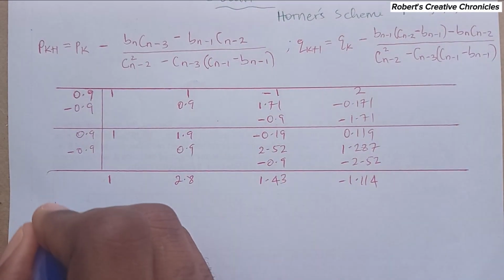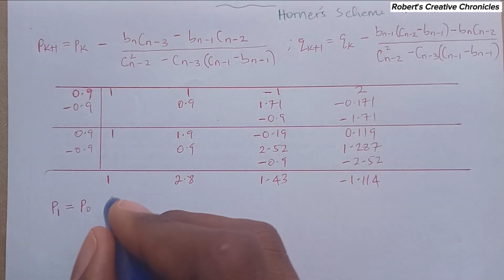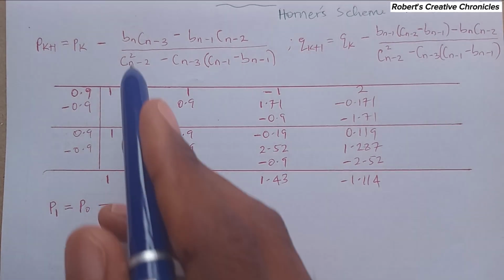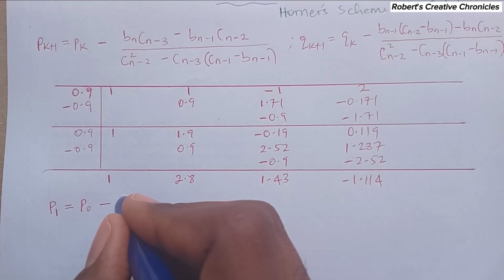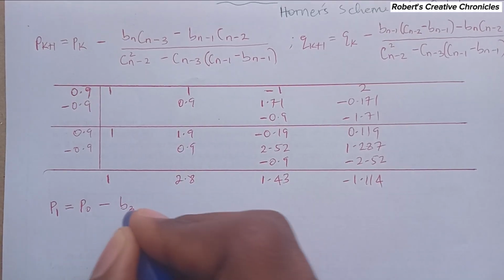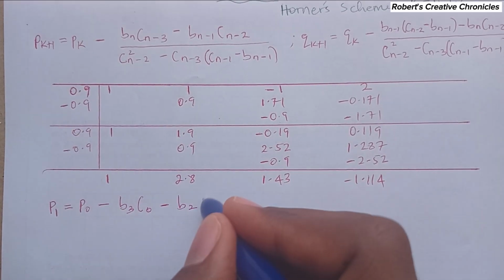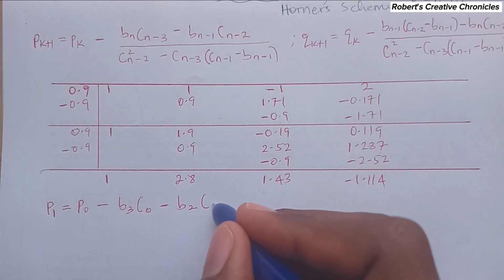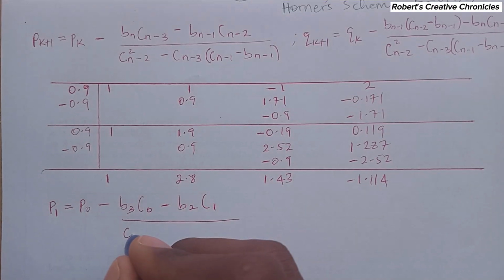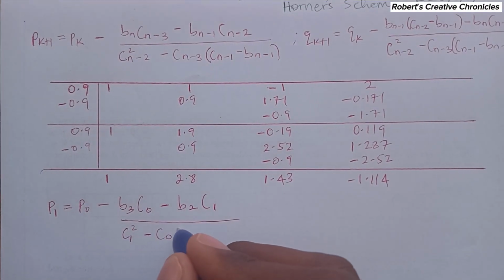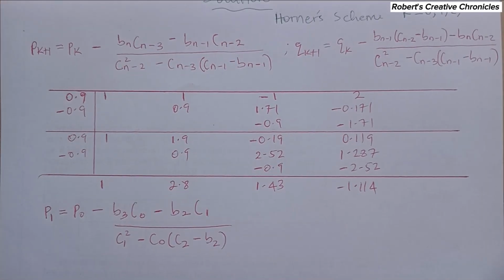So p1 is equals to p0 minus what? b_n, n is 3, so it's b3, c_{3-3} is c0, minus b2, c_{3-2} is c1, over c_{3-2}, which is c1 square, minus c0, c2 minus b2. And this one becomes what?